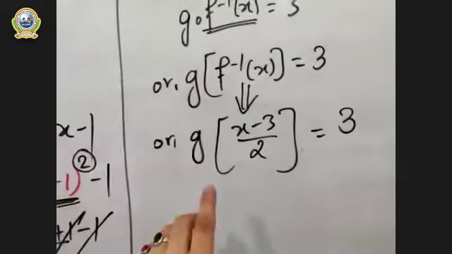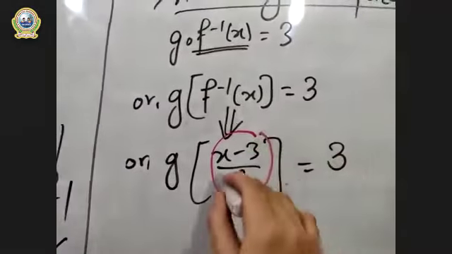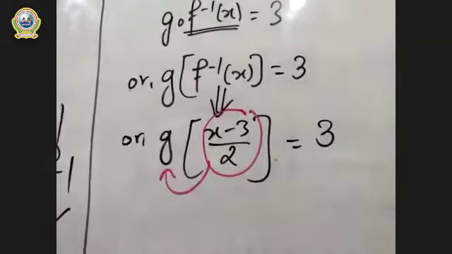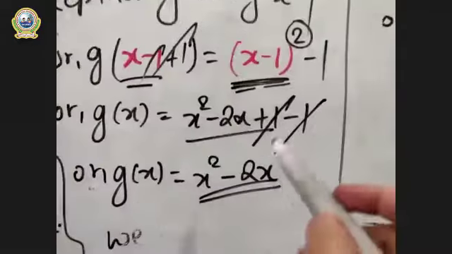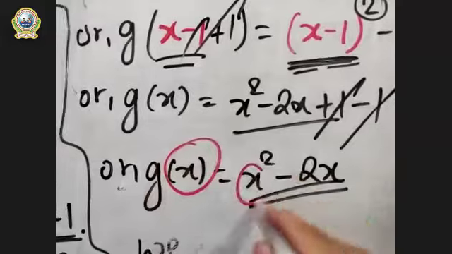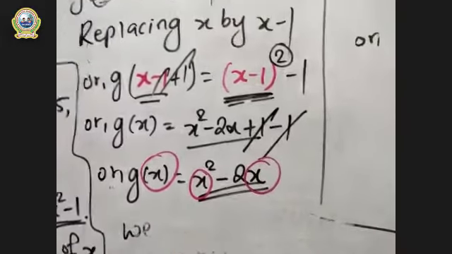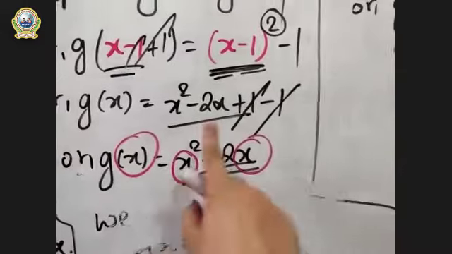Now look at here. It says you must put this x minus 3 by 2 in our function g. So look at here, just few seconds ago, we had calculated gx as x square minus 2x, right? Now ga will be a square minus 2a.